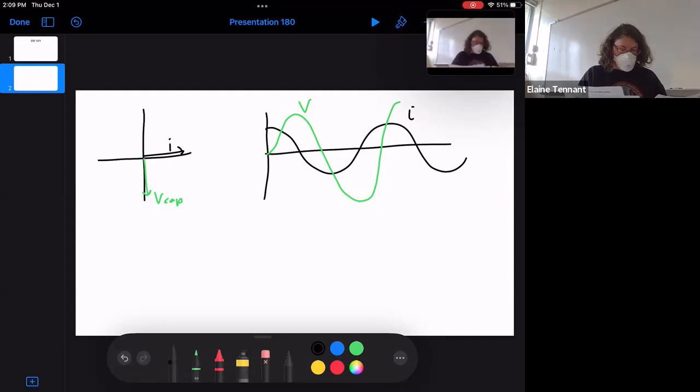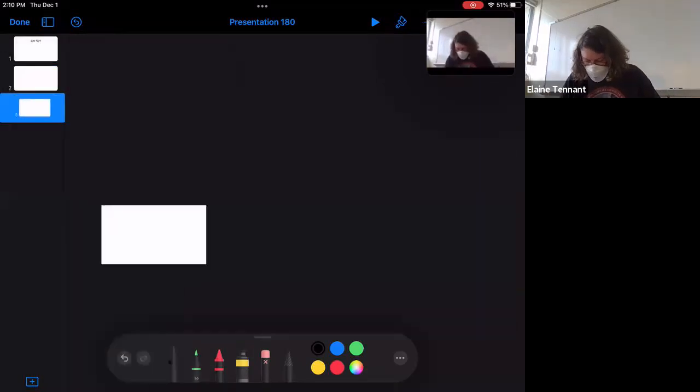I forget where I left off, because that brings us to inductors. Let's see, I feel I did. There you go, inductors. Sorry, notes are not perfect. Okay, let's look at the inductors next.